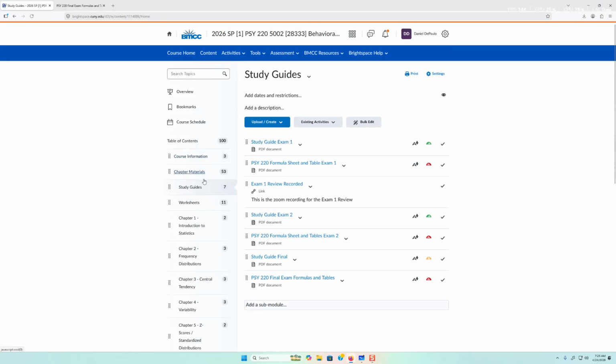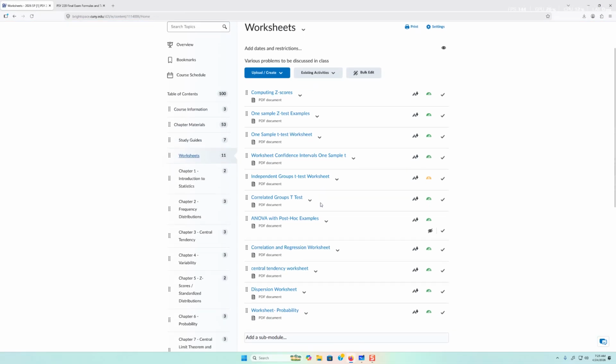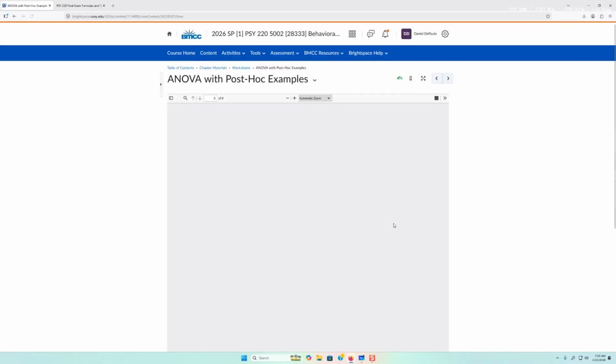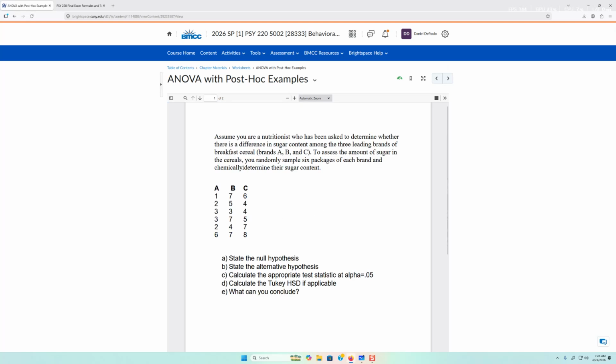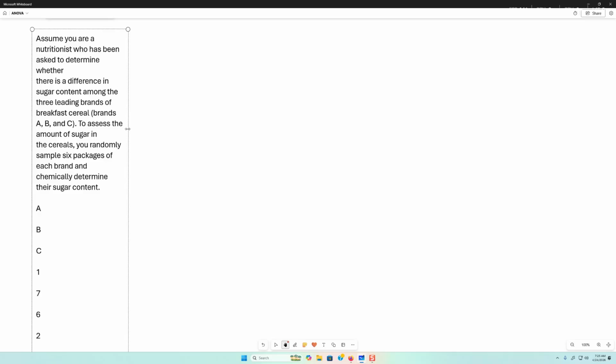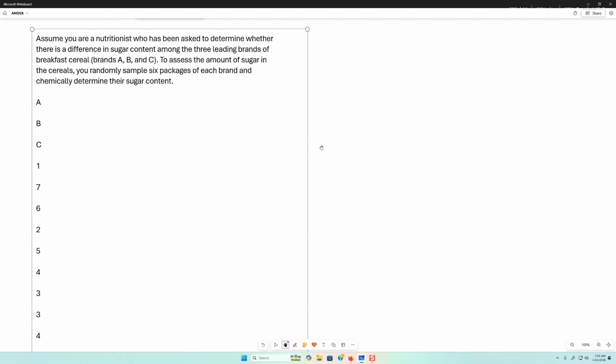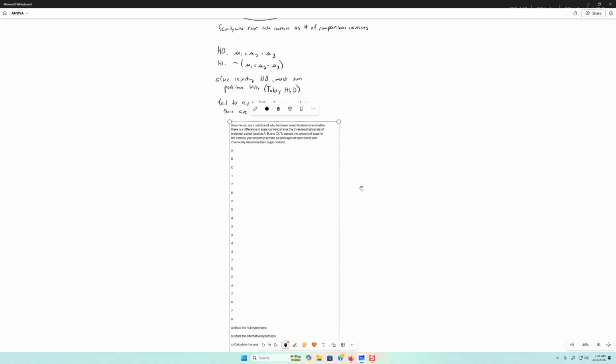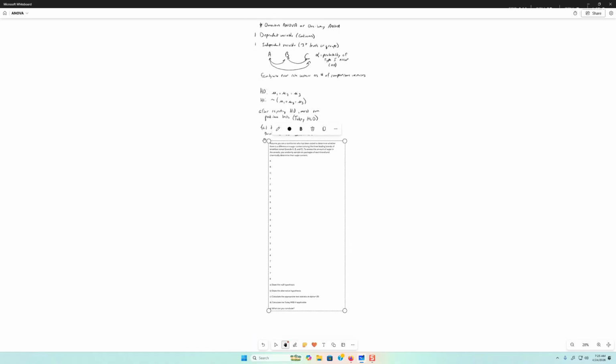So I'm going to go back to worksheets, which is under table of contents. I'm going to click the ANOVA, and we're going to look at this first problem. See if I can copy it in. Okay, we'll see if it stays that way. And it doesn't. Like everything else, the formatting is always an issue. So we're going to try to fix the formatting.